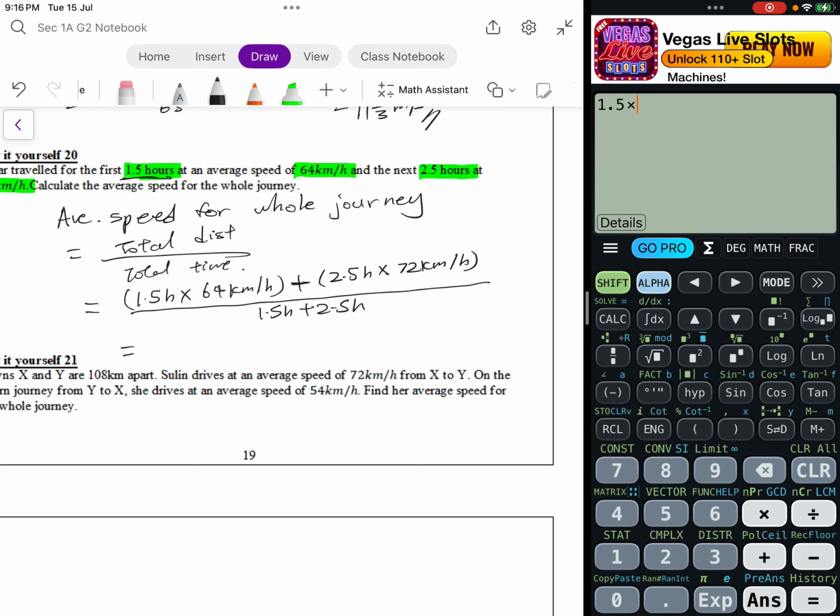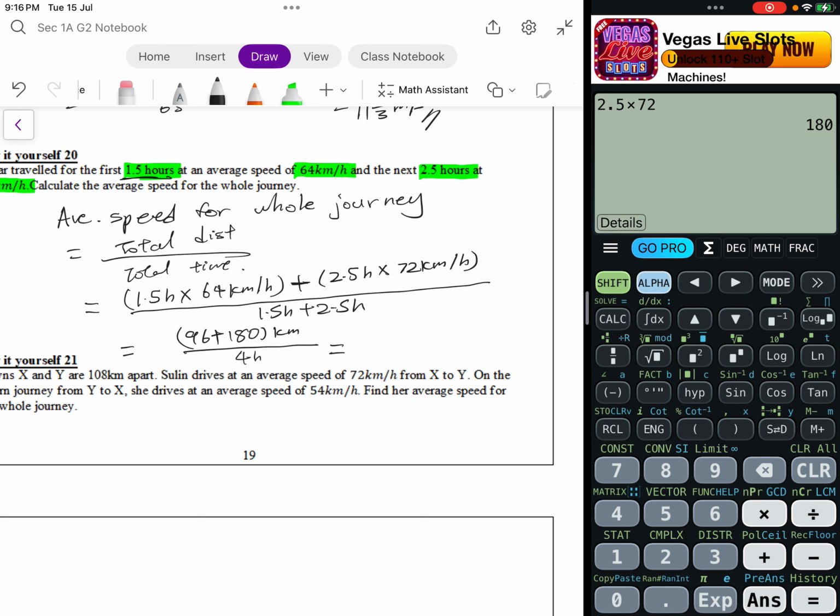1.5 times 64 equals 96, right? So 96 plus 2.5 times 72, 180. Right, so kilometers divided by total time, which will be 4 hours.